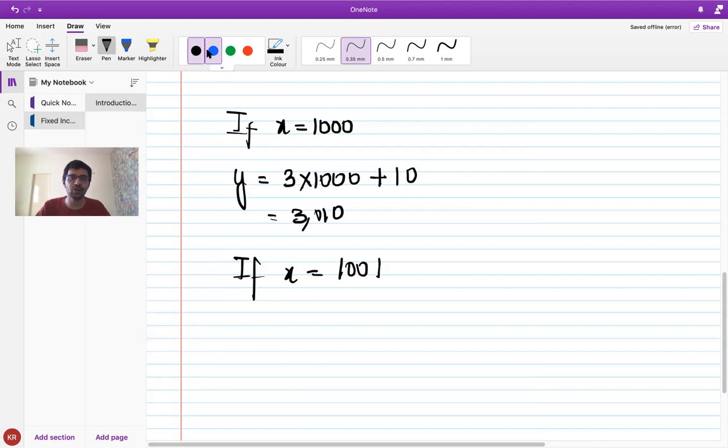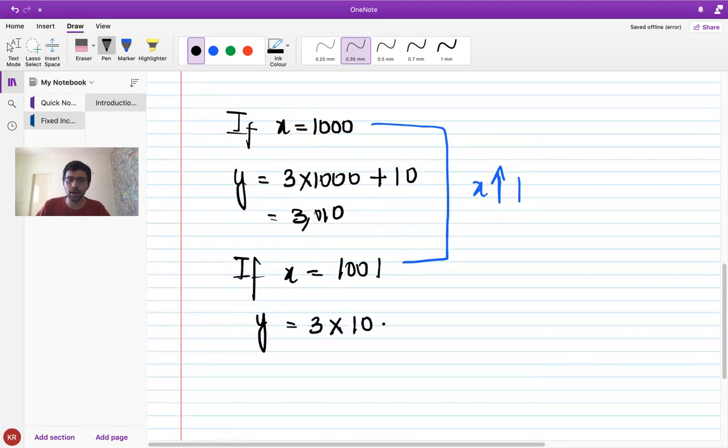Now, the value of y is going to be 3 into 1001 plus 10, and this is going to be 3003 plus 10, which is equal to 3013.